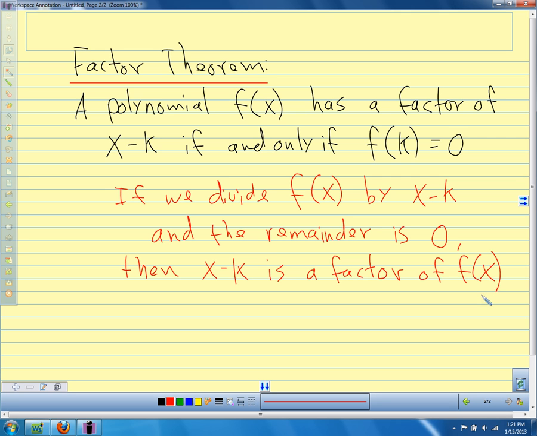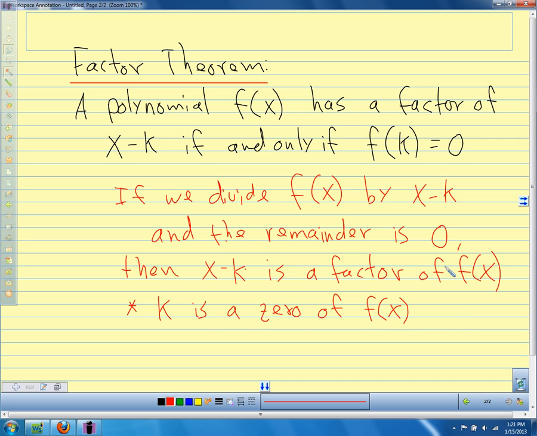And the other day we talked about a couple of different things that were equivalent to saying that x minus k is a factor of this function. Does anybody remember what some of those equivalent things were? X minus k is a factor. We said that was equivalent to saying k is a 0 of f of x.